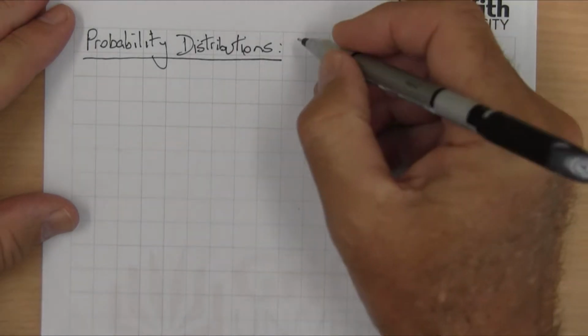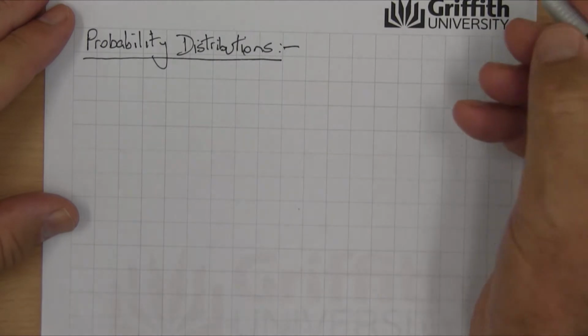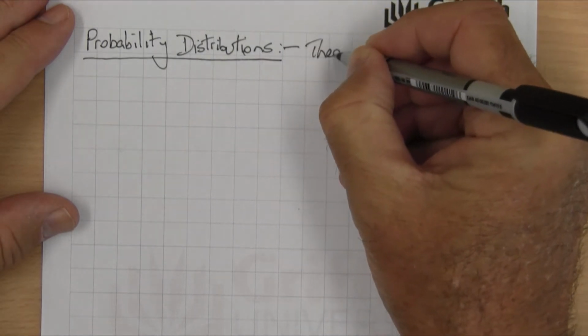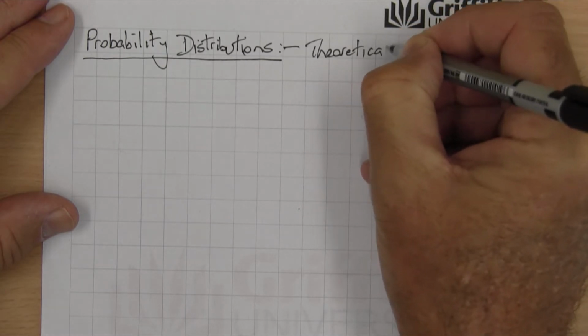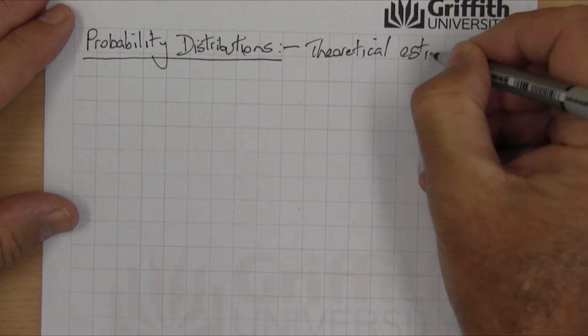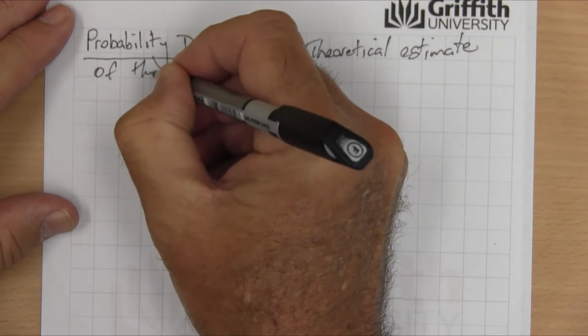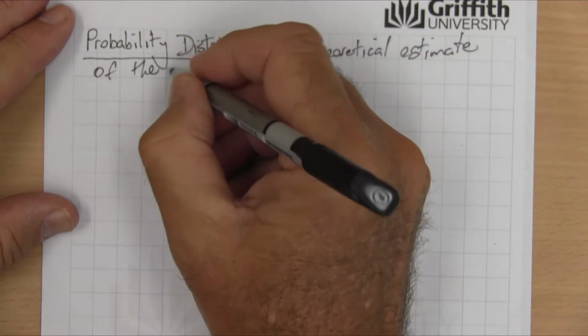Probability distribution, by definition, is just the theoretical estimate of the actual distribution of probabilities.